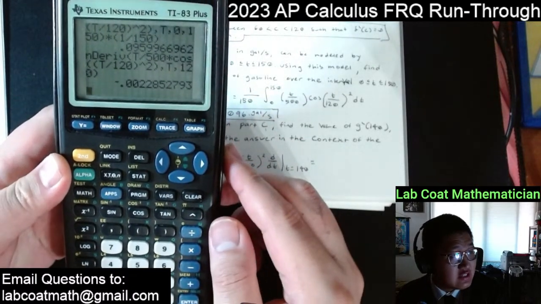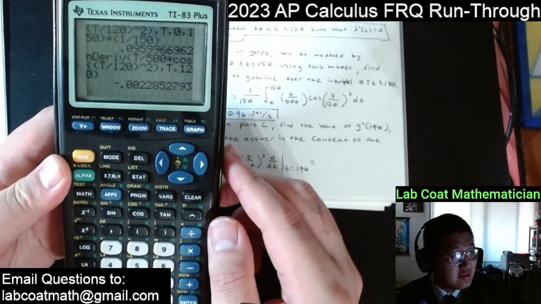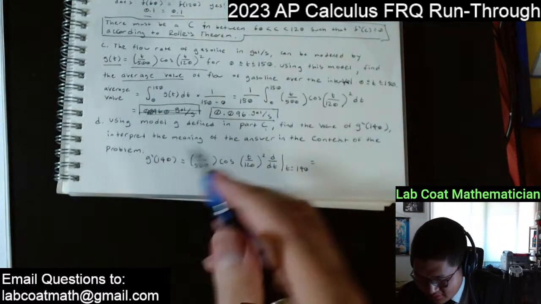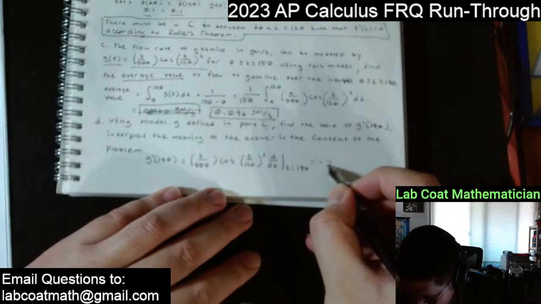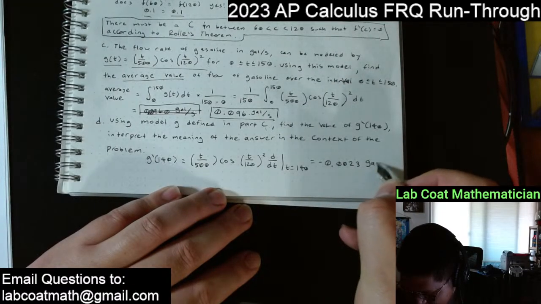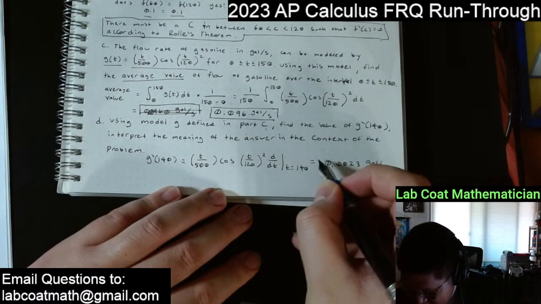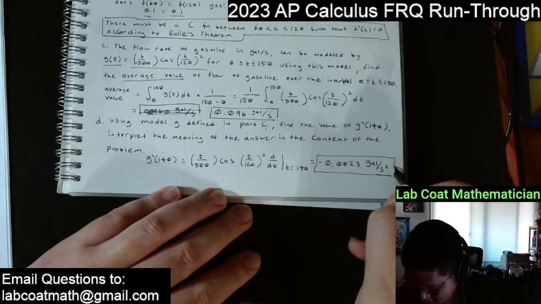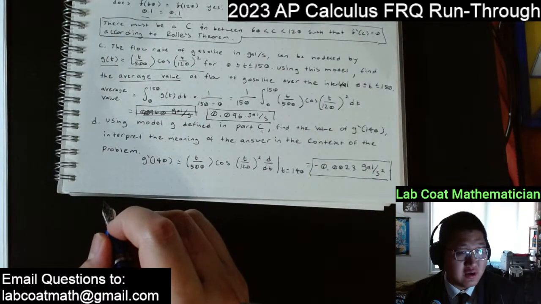And we get the actual response of negative 0.0023 if we round that properly. Okay, so negative 0.0023, and the units in this case will be gallons per second squared, as we took the derivative of the time value again.